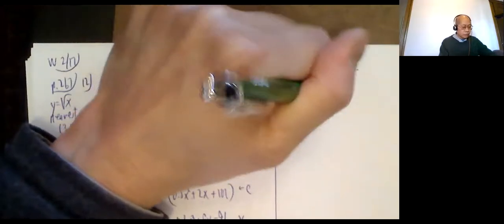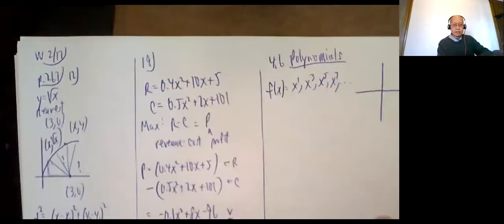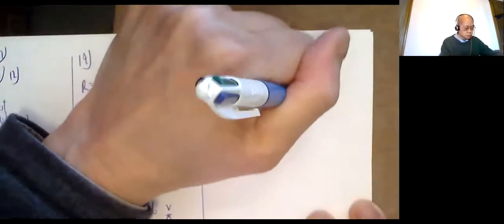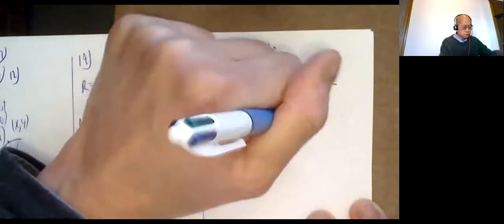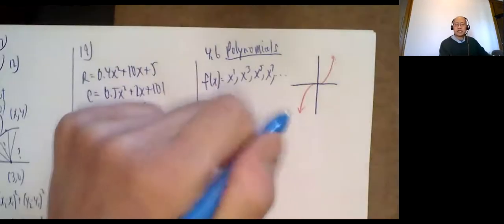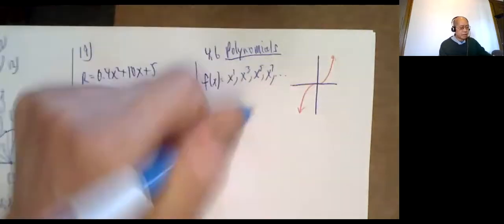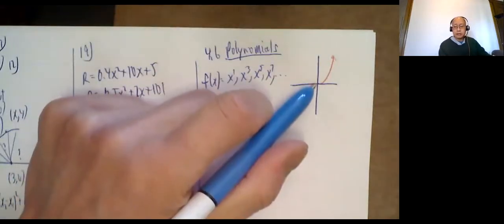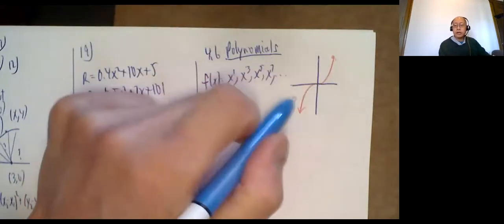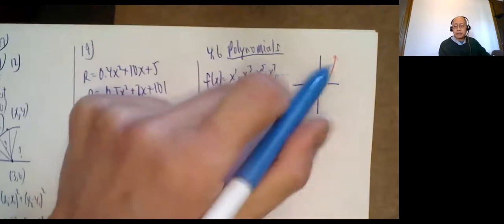Okay, turns out if I have an odd exponent, x to the 1, x cubed, x to the 5th, x to the 7th, and so on, they all tend to look something like this. We've already seen x cubed. Well, x to the 1 is a straight line, but all the others curve like this. To go through quadrants 1 and 3, if you plug in a positive, you get a positive.